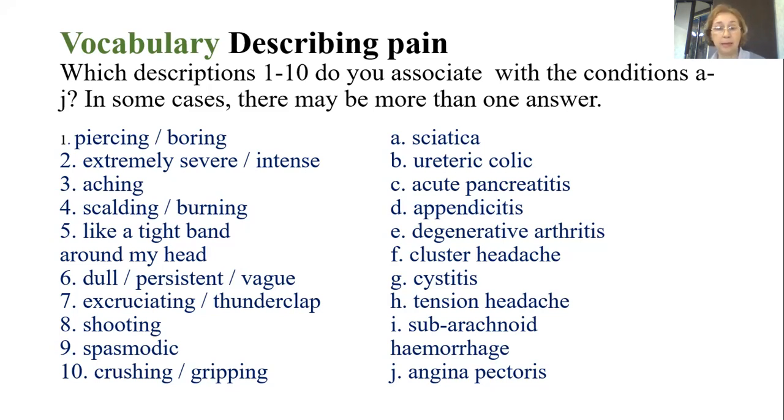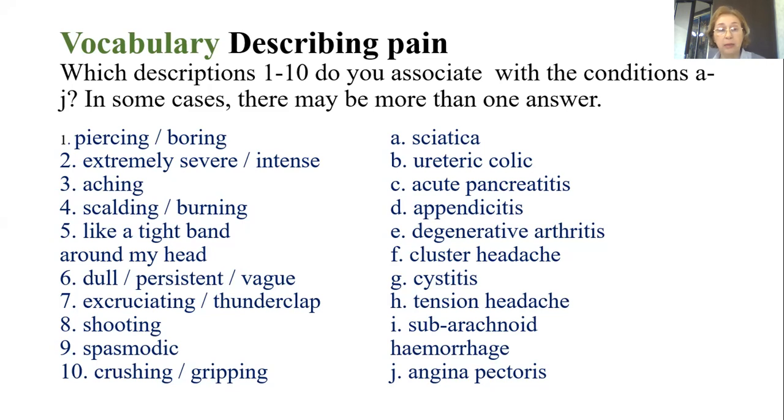This is like cystitis, G. So this is the way the patients can describe this kind of pain when they have cystitis, and it's very important for the doctor to understand what kind of condition it is. Then number 5 is like a tight band around my head. So what about this? Tension headache. This is tension headache, right?